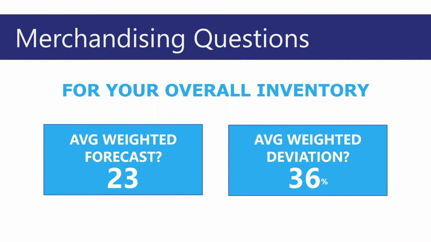What is your average forecast, your average dollar weighted forecast? What's your average deviation? And if you just add items, like Barry said, and not subtract, that average forecast will go down to 12. And that deviation will jump up to 52. And then you'll wonder why you can't make money anymore. And this is the reason. Nothing influences your ability to make money more than this right here. That's a strong statement. That's a biggie. It is.